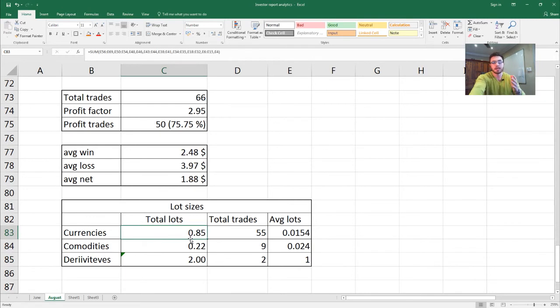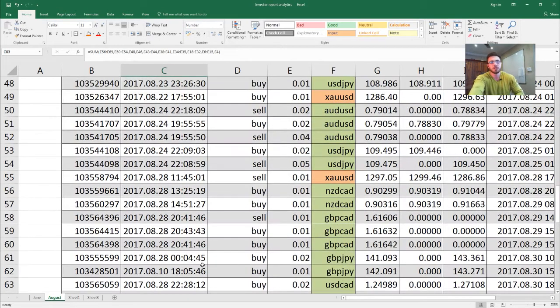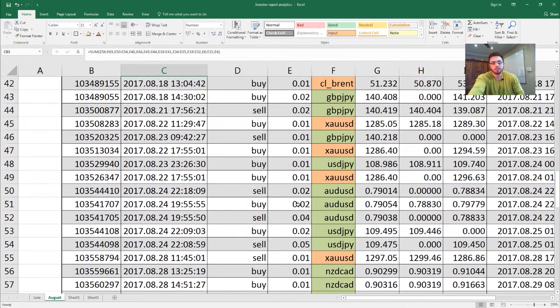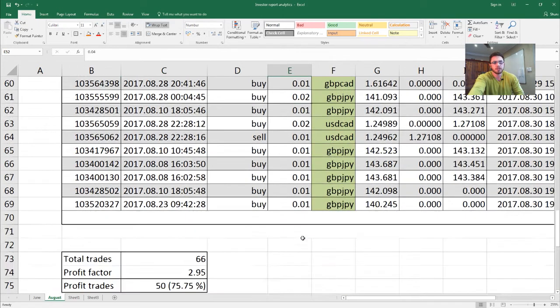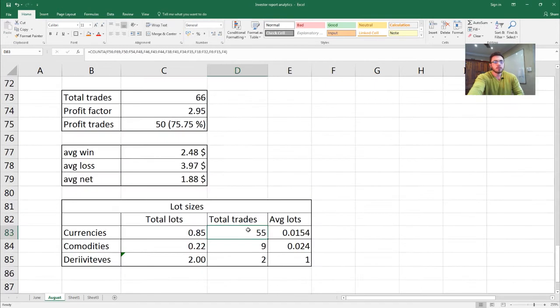So in my currencies, I traded a total lot size of 0.85 on all of my positions, and up here you can see all of the positions. I mean, 0.04, 0.02, 0.02, 0.01, all of these at 0.01. So what you can see is I traded a total of 55 trades on currencies.